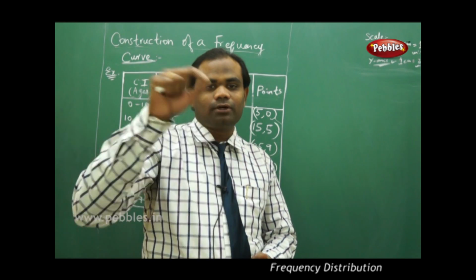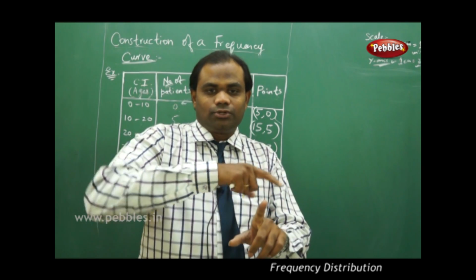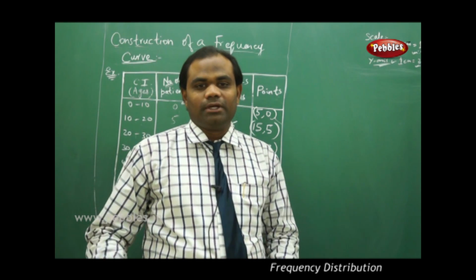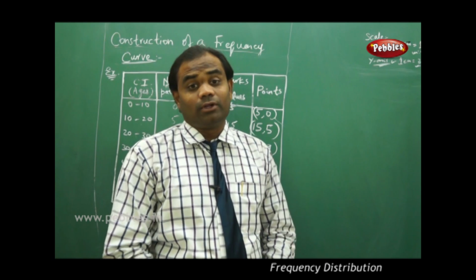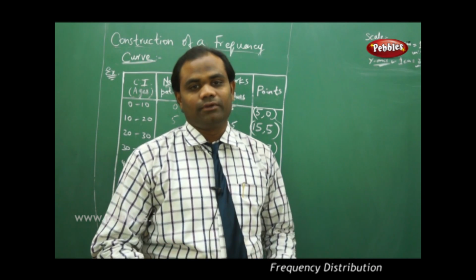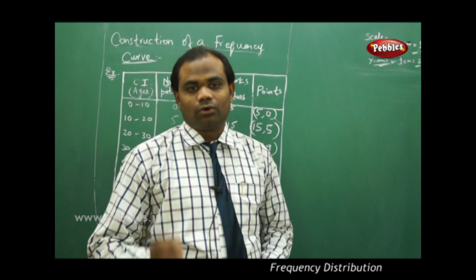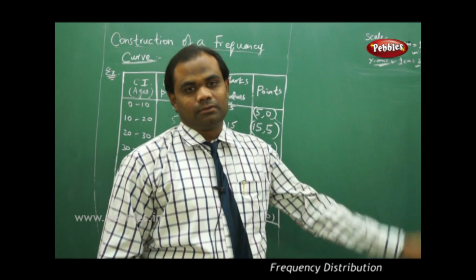A free hand joining of the points will give me a frequency curve. The joining of the points through a ruler will give me a perfect frequency polygon. This is how I differentiate between a frequency polygon and a frequency curve. Joining with a free hand is the core of this topic.